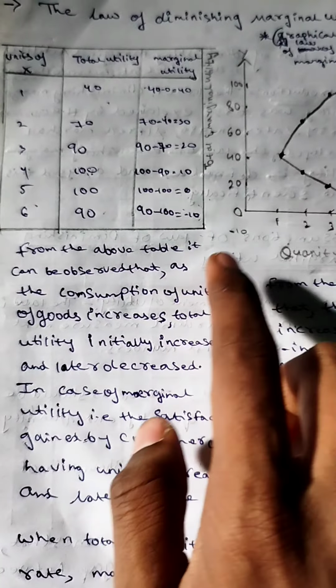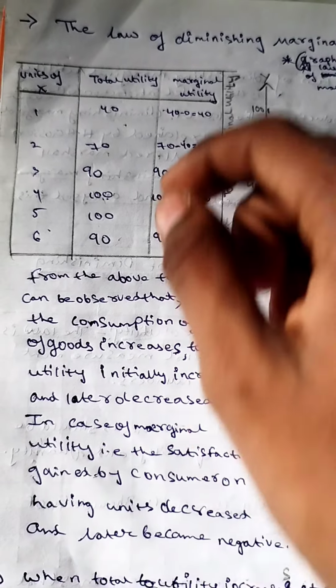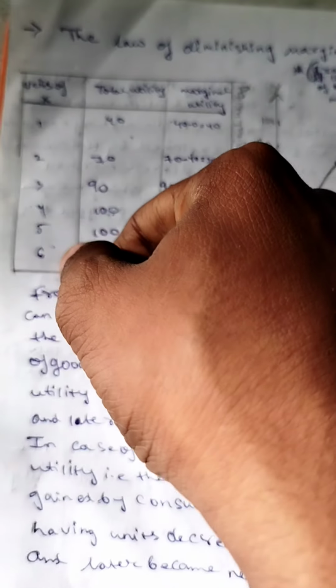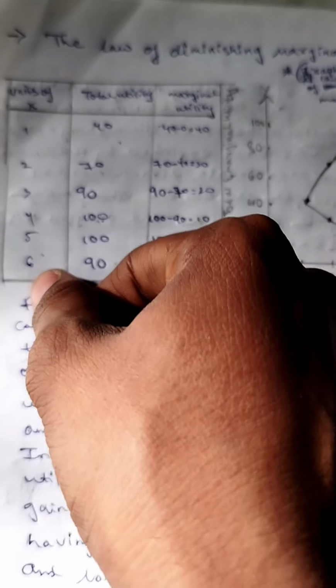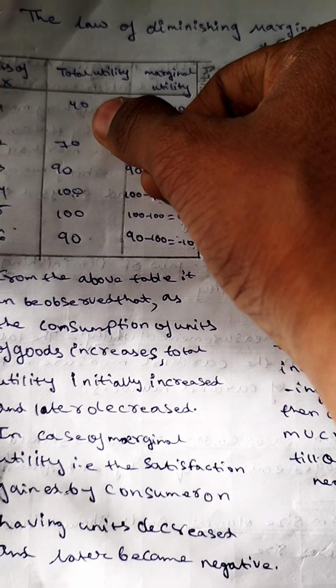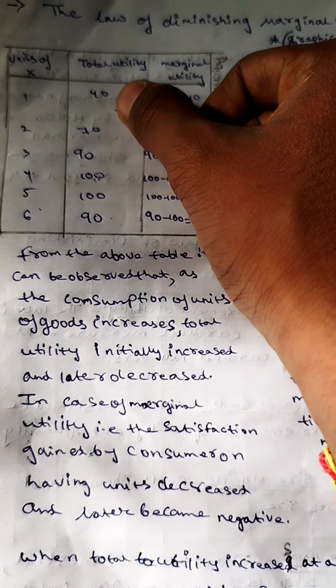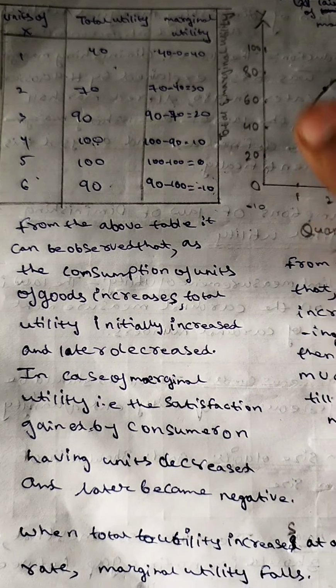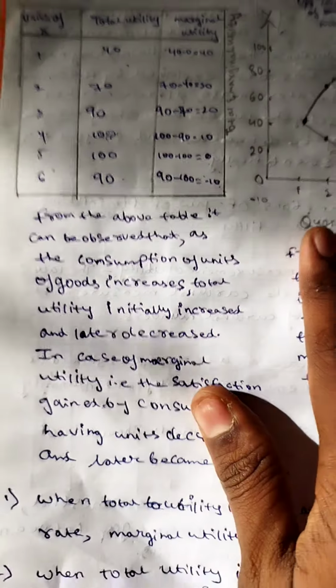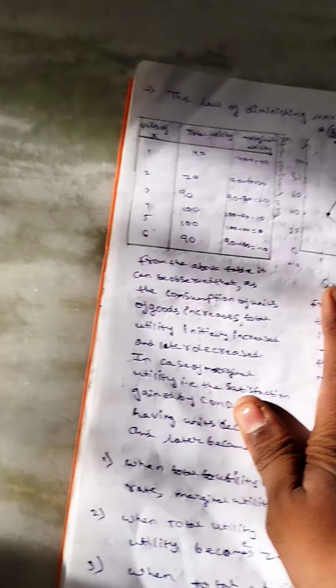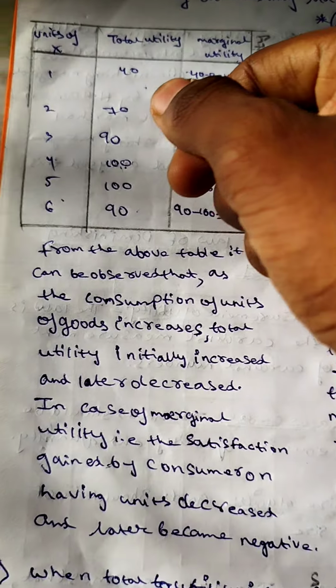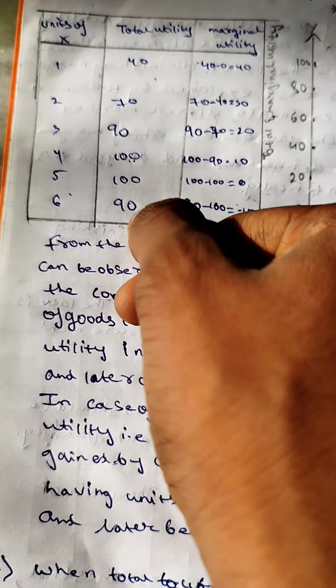From the above table, it can be observed that with increasing units, increasing pieces of rasmalai, total utility also increases. Total utility increases and later decreases. Here, see.